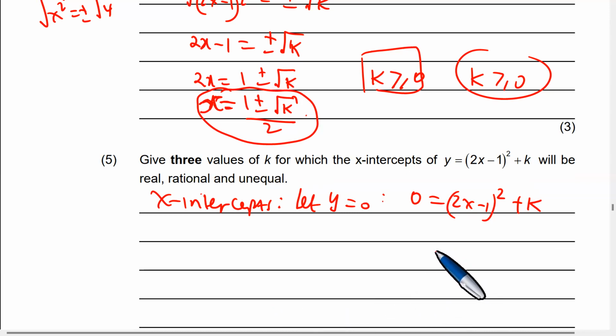Okay, so 3 values of k for which the x-intercepts. Obviously there are a couple of ways to think of this one. There are billions of ways.